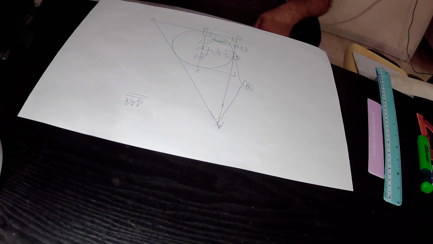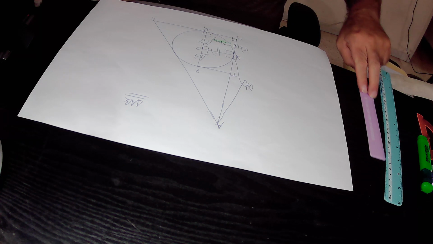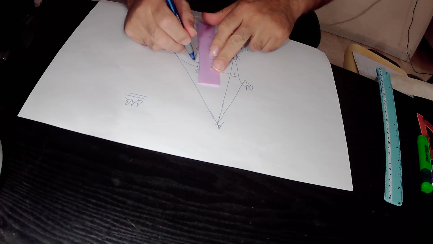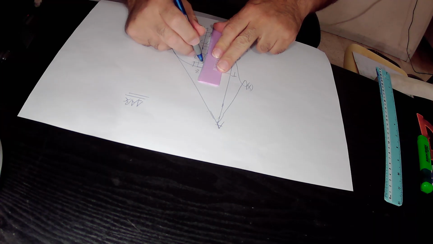The radius OZ is equal to R, the radius OZ is drawn to point Z, that is the point of tangency of tangent TZ with this circle. And now, since your radius is drawn to the point of tangency, tangent TZ will be perpendicular to the radius OZ. If TZ is perpendicular to OZ, it means that this angle equals 90 degrees, and this angle also equals 90 degrees according to rule 1.